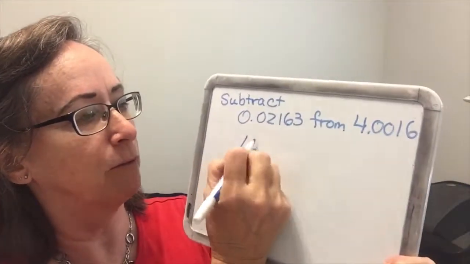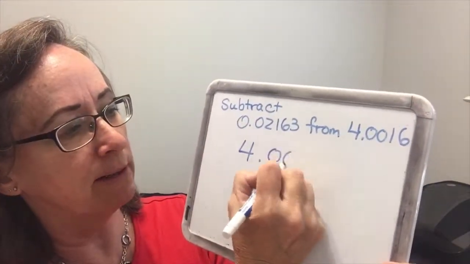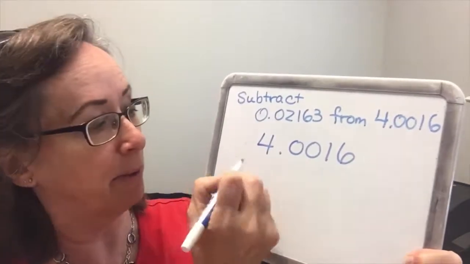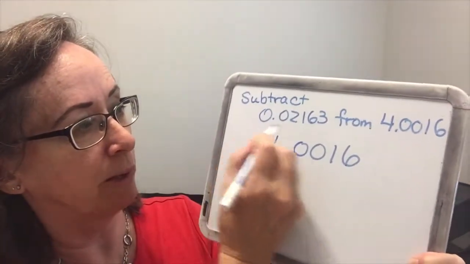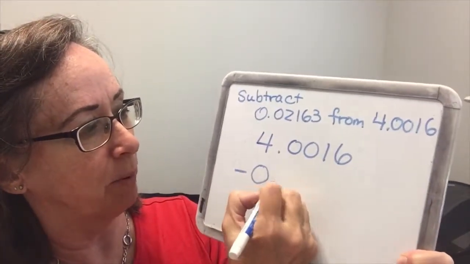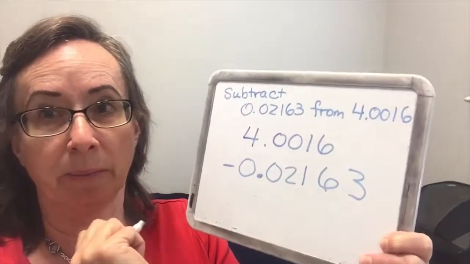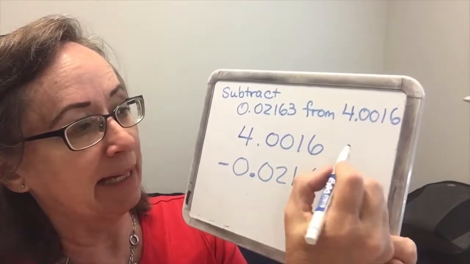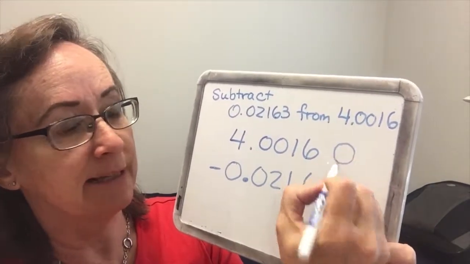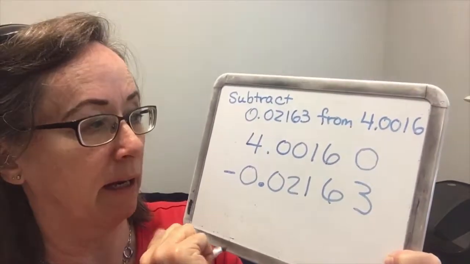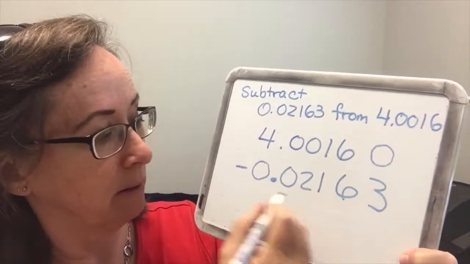Okay, so we're going to put 4.0016 on the top, and then we're going to line up our decimal 0.02163 on the bottom.